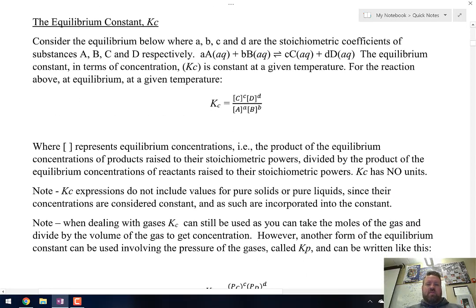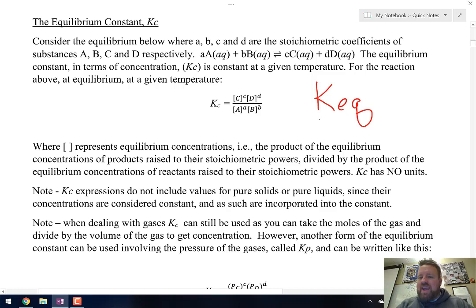All right, so let's get to the heart of this component dealing with equilibrium, which is what's called the equilibrium constant. The general form of the equilibrium constant is written as KEQ. EQ stands for equilibrium, and K obviously stands for the constant.